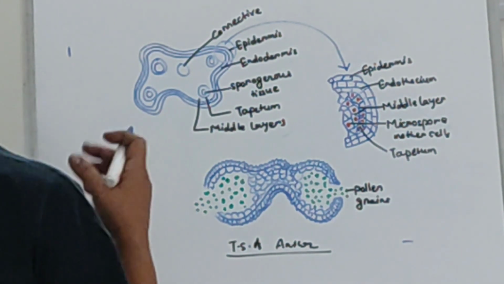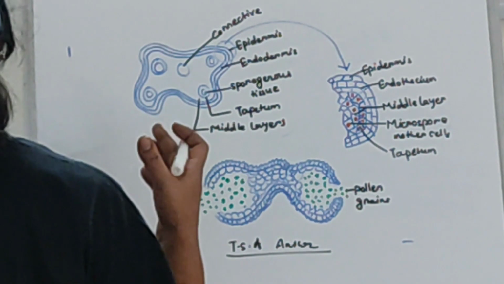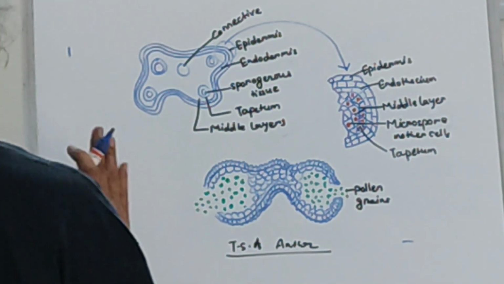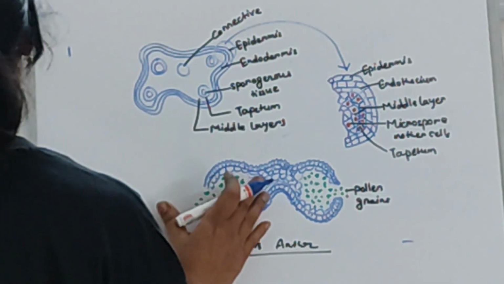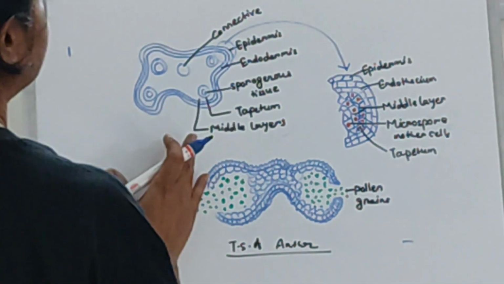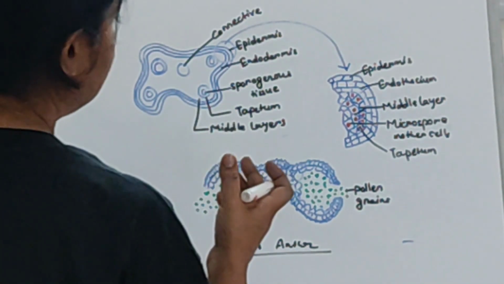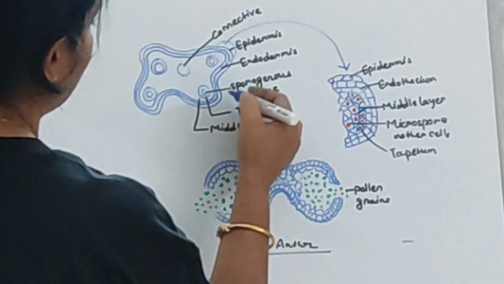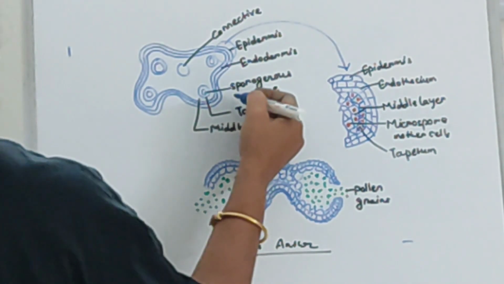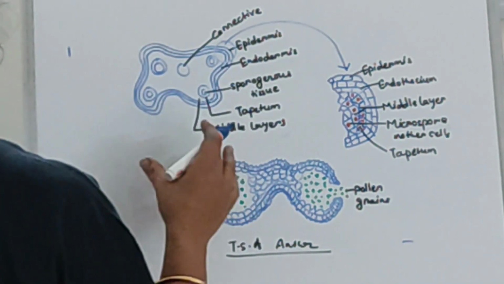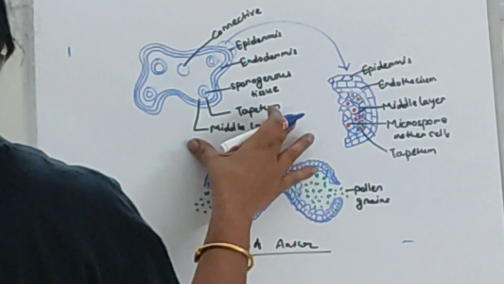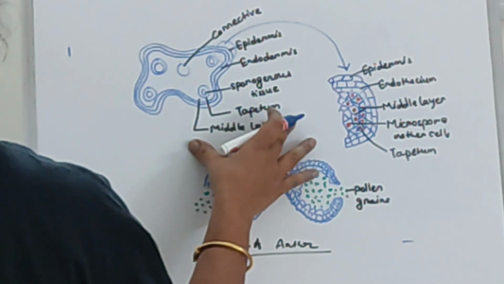Now see what's happening. When the anther is young, a group of compactly arranged homogeneous cells is called the sporogenous tissue. So what is sporogenous tissue? It's a group of compactly arranged homogeneous cells.